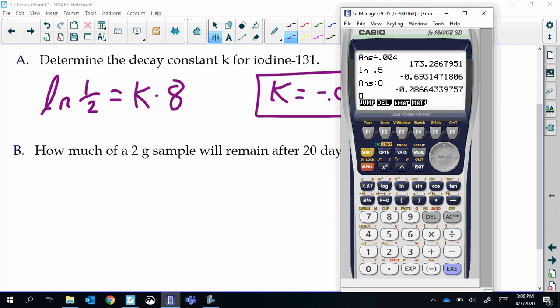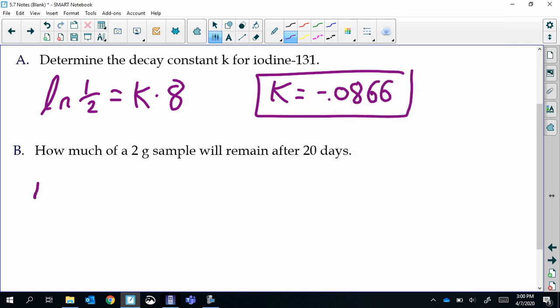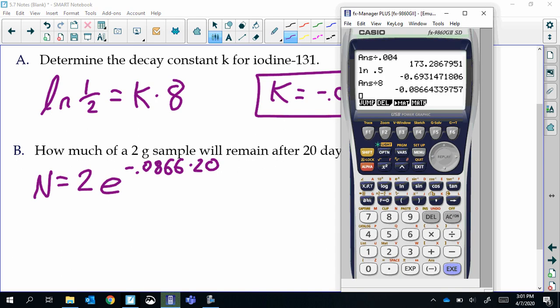We now know K. If we start with 2 grams, we know K is negative 0.0866. We're plugging in 20 days. We're just working out that equation. So since we have our decay constant right there, I didn't save it as K, but since we only need to use it once, that's okay.